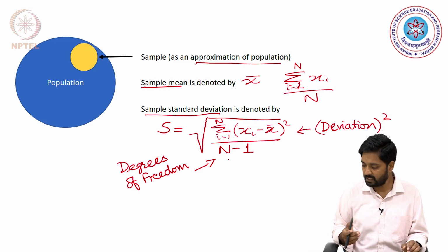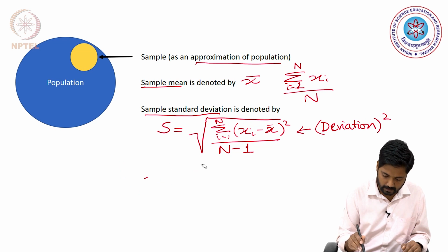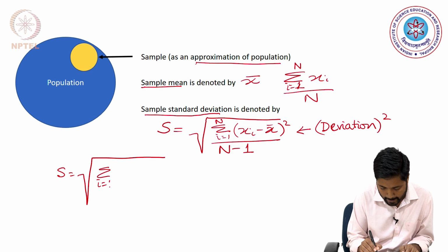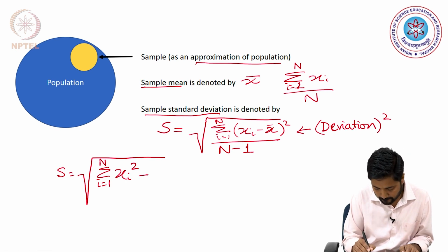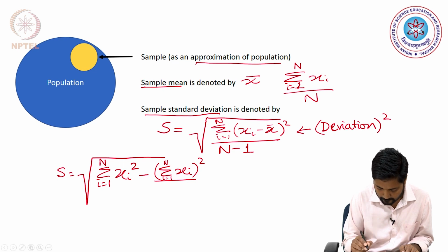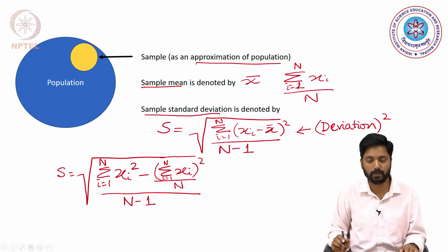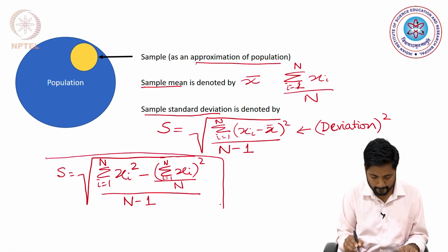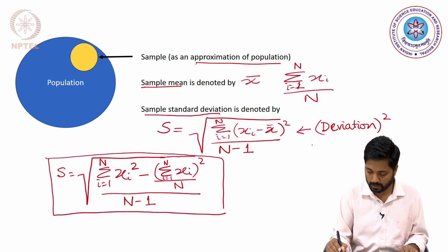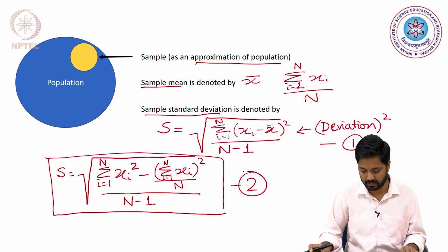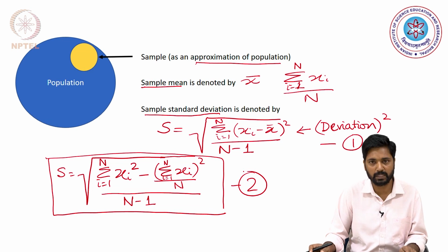This can also be written as the formula shown here, and both equation 1 as well as equation 2 will essentially give you the same values of the sample standard deviation. Now, let us look at equation 2 a little bit more in detail.